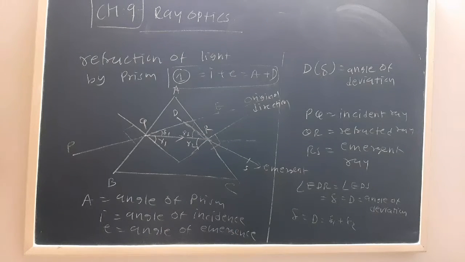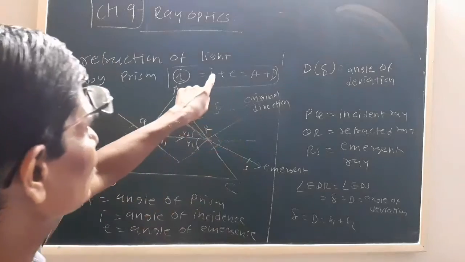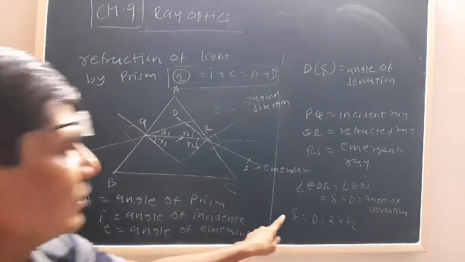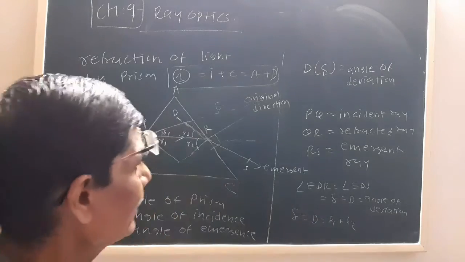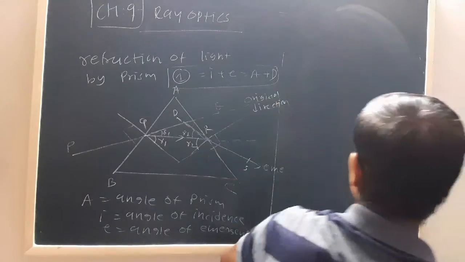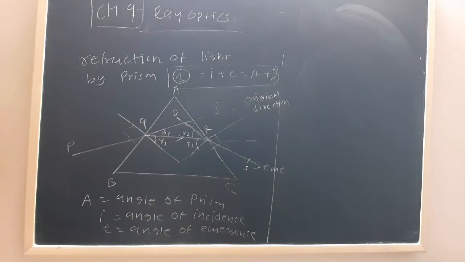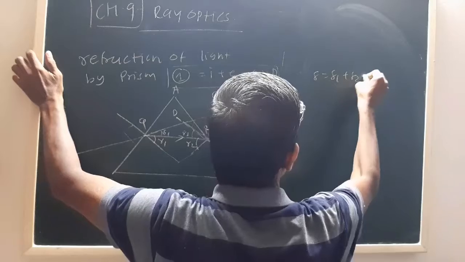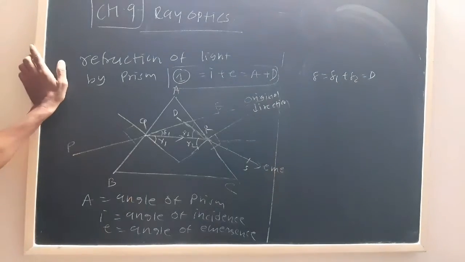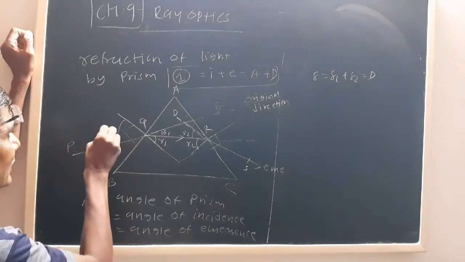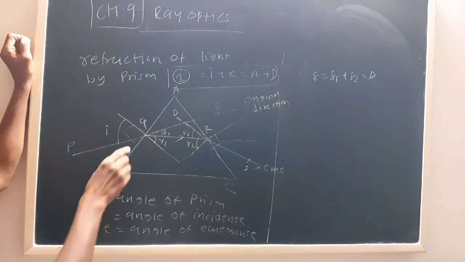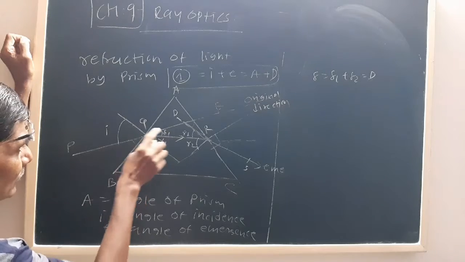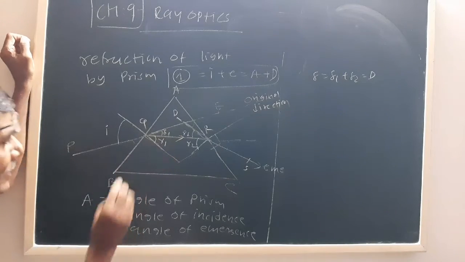Okay, now we come back to this point, we have to prove that I plus E is equal to A plus delta, or A plus the angle of deviation. We have seen one thing, delta is equal to delta 1 plus delta 2, we can call it D also. Now I is the angle of incidence, this is equal to the vertically opposite angle.